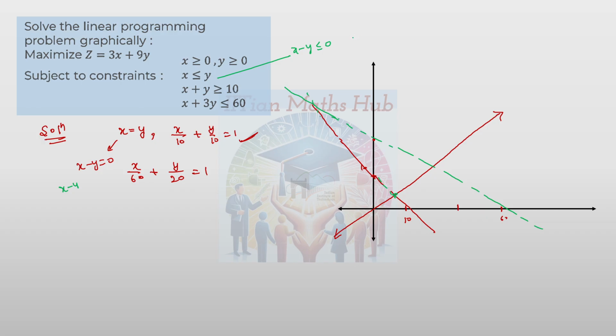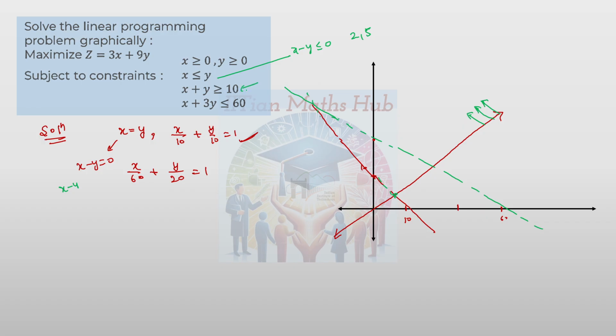Let's suppose I'm taking 2 comma 5, a random point above the line. So 2 minus 5 is minus 3, less than 0. Yes, it is true. If it is true, then above the line is the region required for this line.